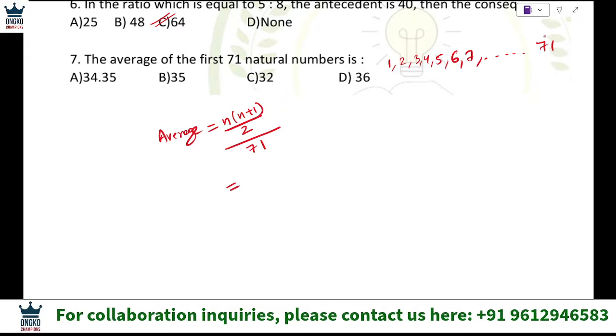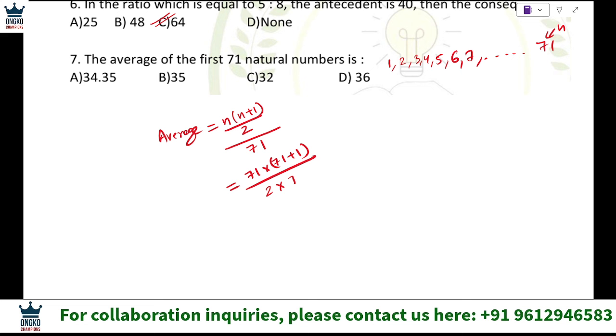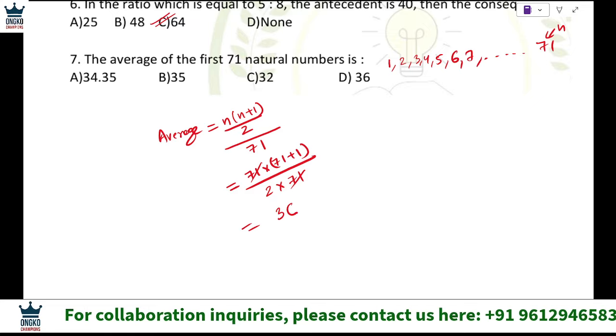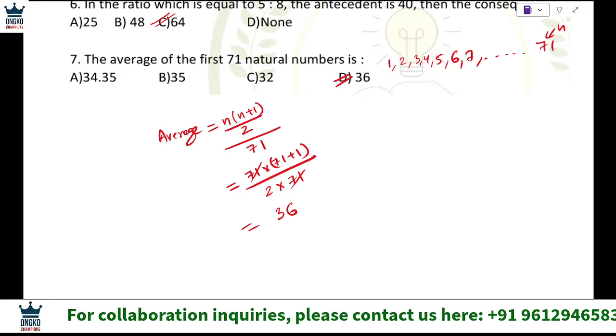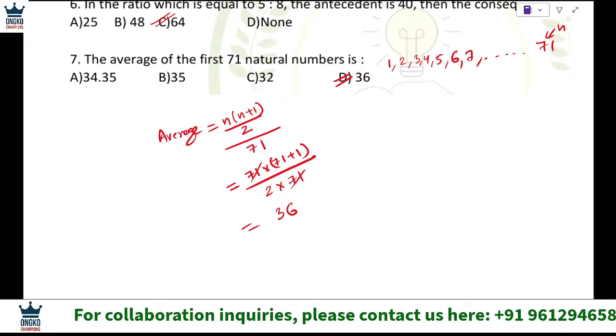Here n is the last number, so 71 into 71 plus 1, over 2 into 71. 71 cancels, 71 plus 1 is 72, divided by 2 is 36. So the answer is 36.